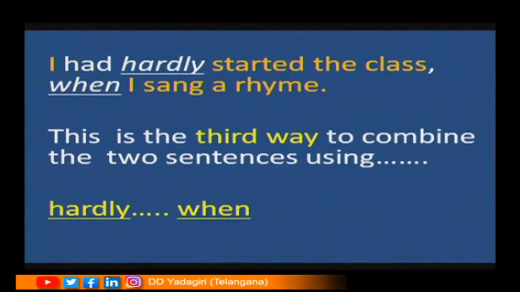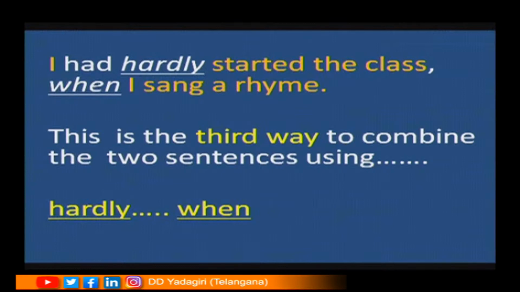I had hardly started the class when I sang a rhyme. What did I do now? Yes, it is very similar to the second way. I just kept "had hardly" instead of "had scarcely". And what did I do for the second sentence, children? Yes, you're right.